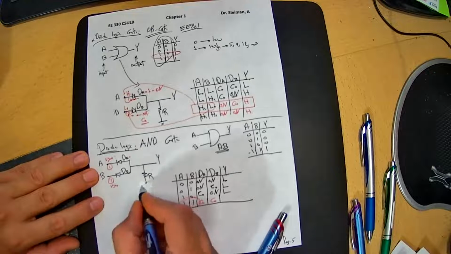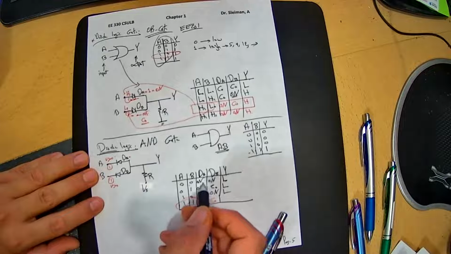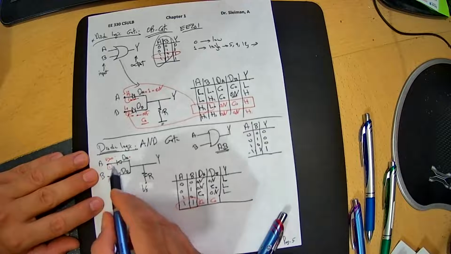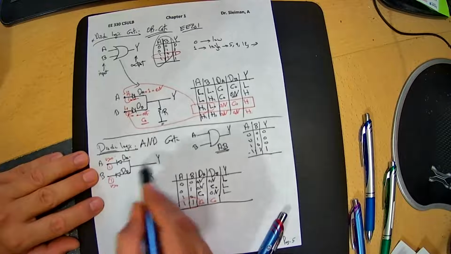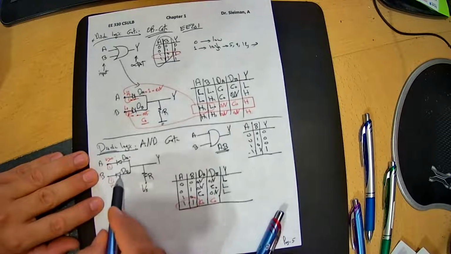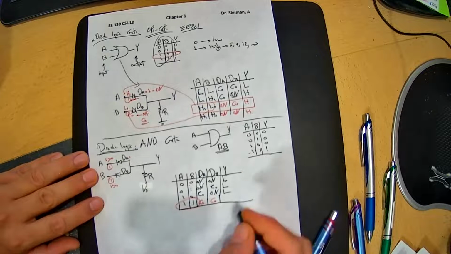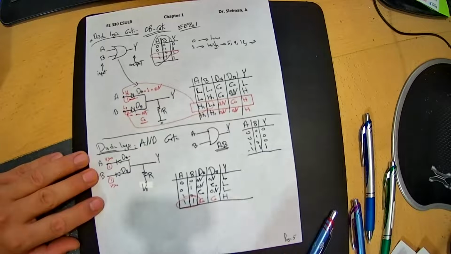This is going to be VS. That's why, when the diodes are reverse biased, this will pass through. So most likely both diodes are off, so this voltage will pass through the output, so this is going to be high.